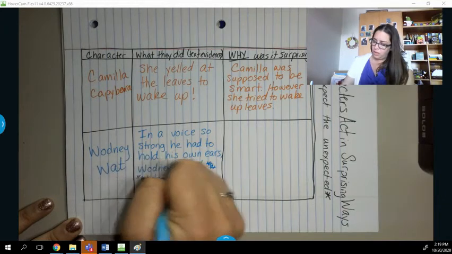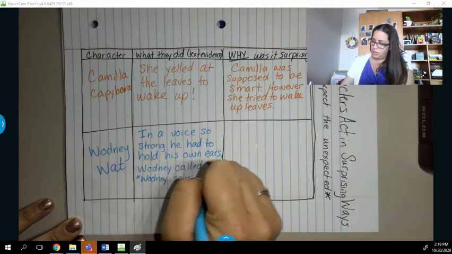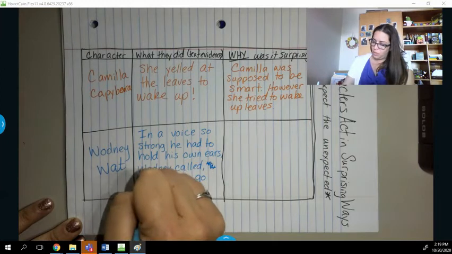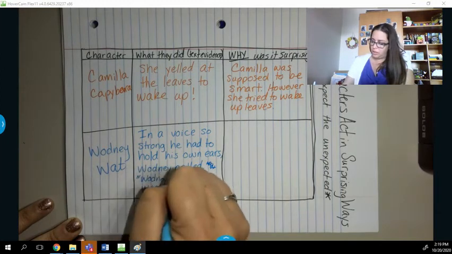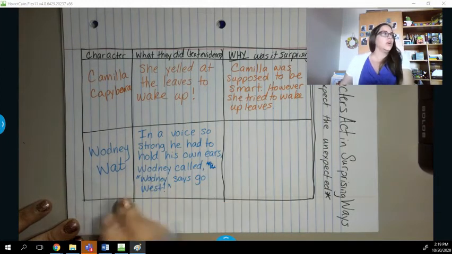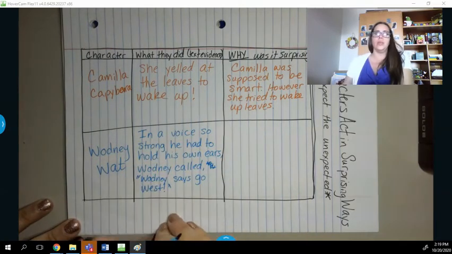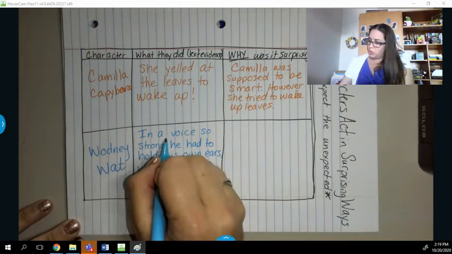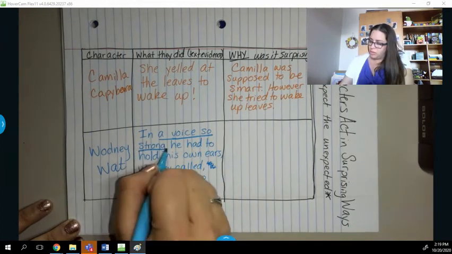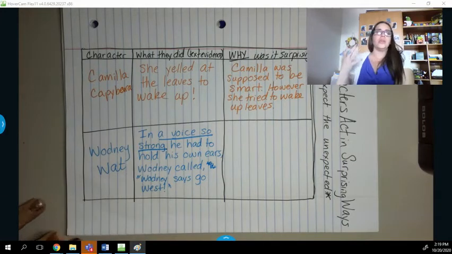Wadney says, go west. So, and this was on page, I don't know what page it was on. It was after Camilla yelled at the leaves to wake up. But in a voice so strong that he had to hold his own ears.